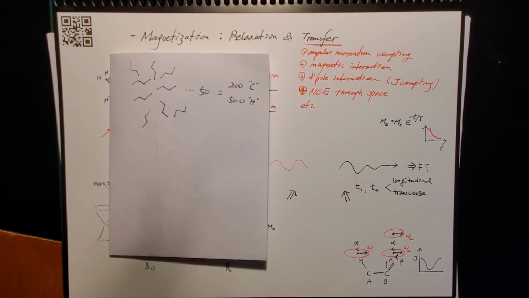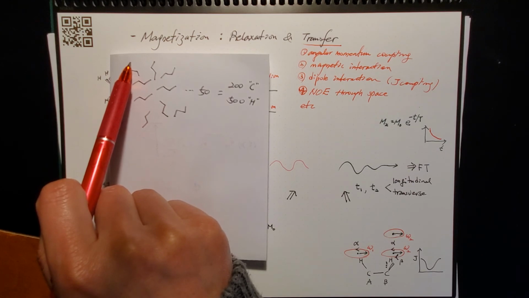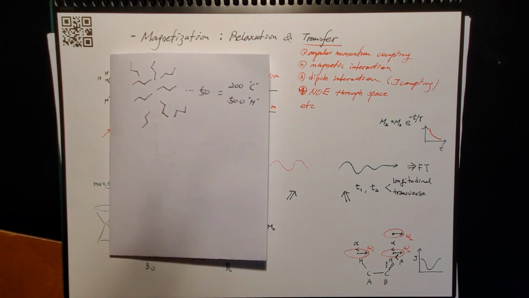And while you have millions of molecules, you eventually have randomly distributed carbon-13 on this first carbon, the second carbon, the third carbon, and the fourth carbon. So you can detect all carbons in the molecule.